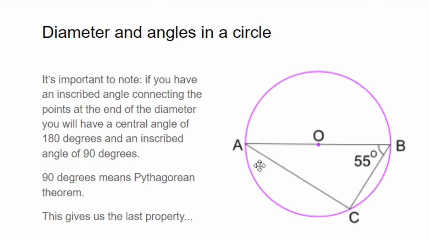So if you've got ACB, this central angle right here is 180 degrees. And if you have 180 degrees, you know your inscribed angle is 90 degrees.